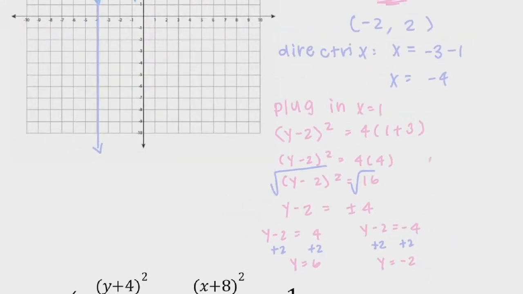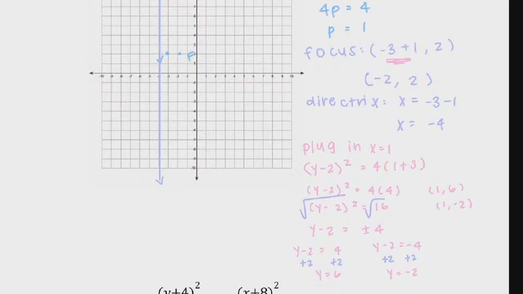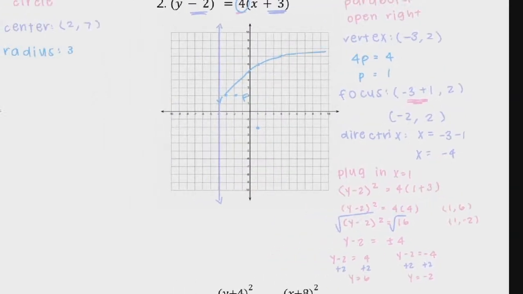So that means our 2 points would be (1, 6) and (1, negative 2). So that would be here and here. Oops. So the graph will look something like this.